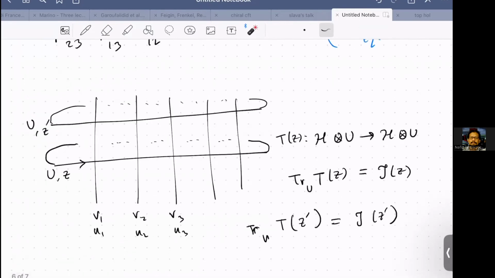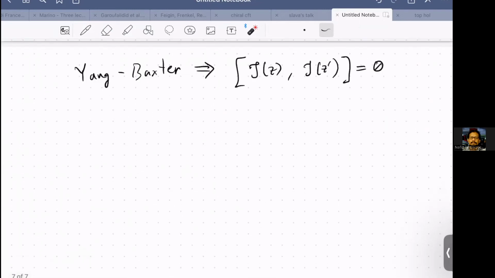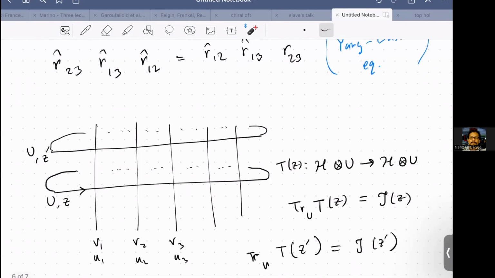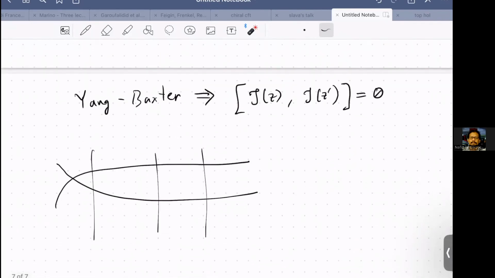Now, how do you prove this? Let me sketch what's going on. What you can show is that if you have this picture, then this intersection can be moved to the right of this using the Yang-Baxter equation, and you can keep doing that until it's completely on the other side.